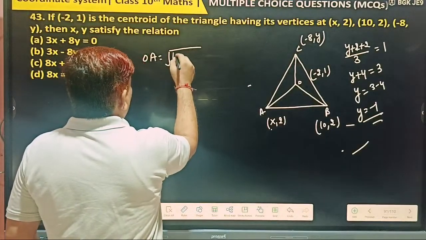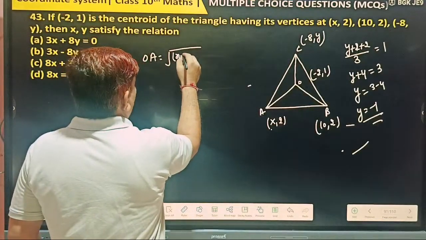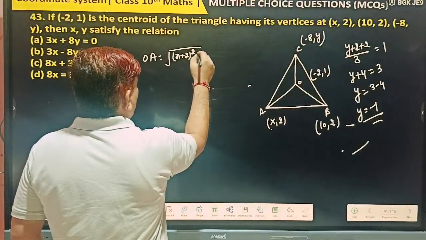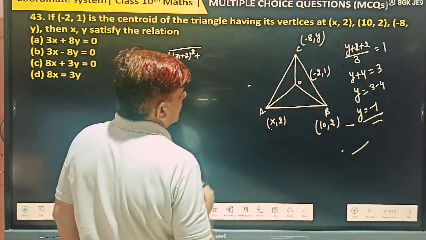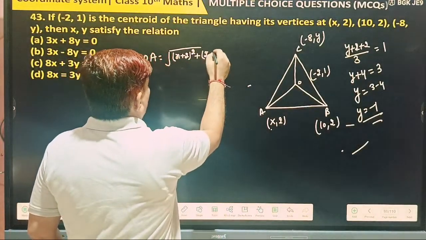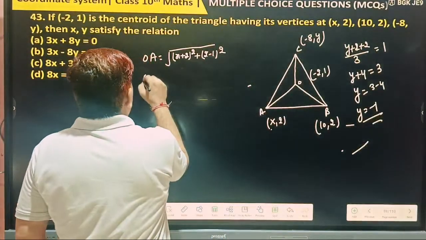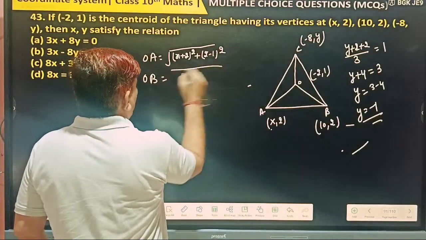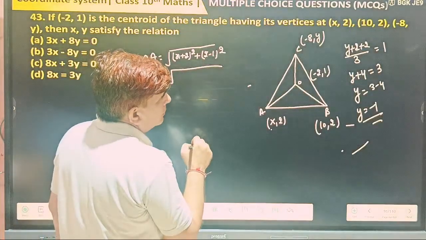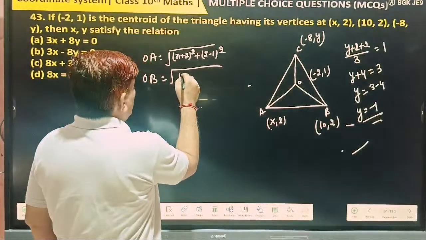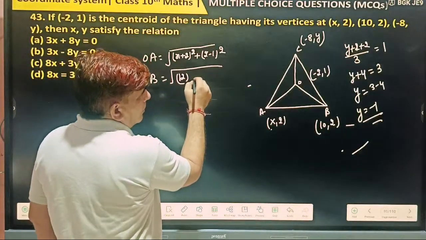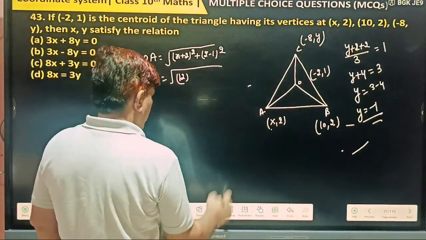Under the root x plus 2 whole square plus 2 minus 1 whole square, and OB equal to under the root 10 plus 2, 12 square. This we can take.